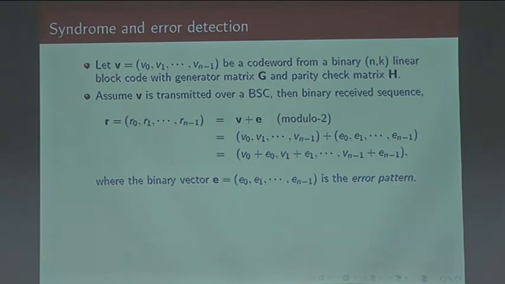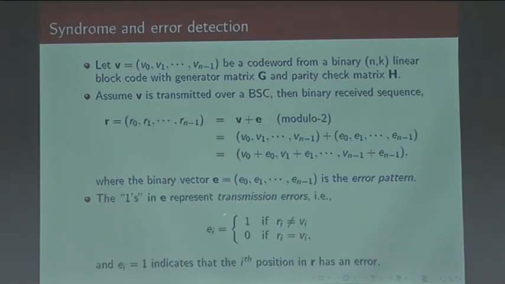So you transmit a code word V, and every possible received sequence R is going to imply some error pattern E that caused R to differ from V, or to be the same as V, which would be our desired outcome. So the 1s in E represent the transmission errors, as I mentioned.